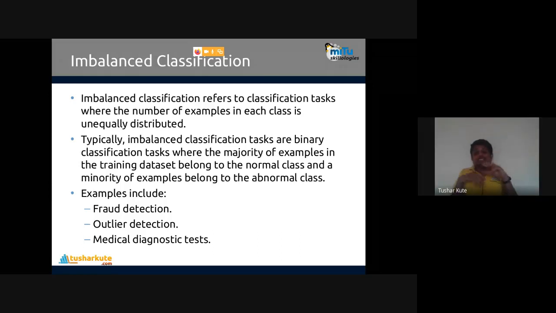Even outlier detection is an example. We have seen that outliers are the data which do not follow the properties of the crowd. They are something different from the original crowd, and they are called outliers. So outlier detection is also an example of imbalanced classification. Or medical diagnosis. Every person is not detected with cancer. I'm doing a cancer test, or let's say corona detection.